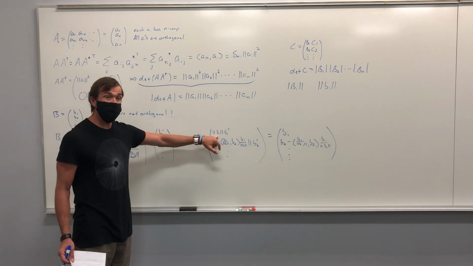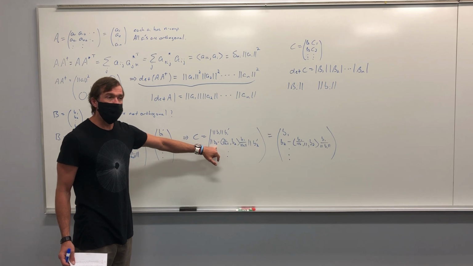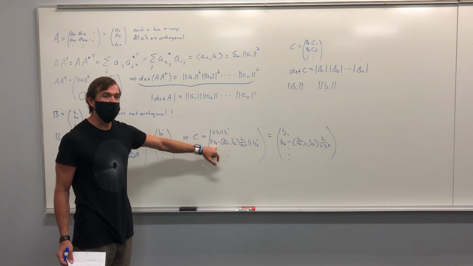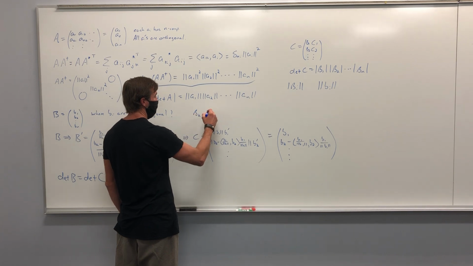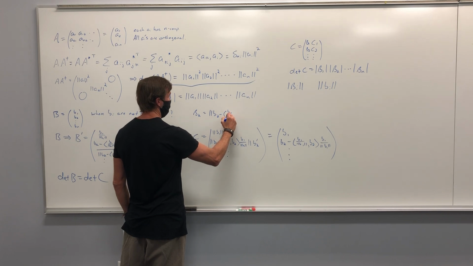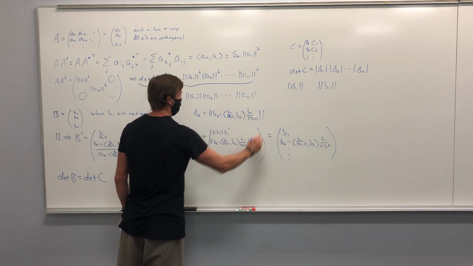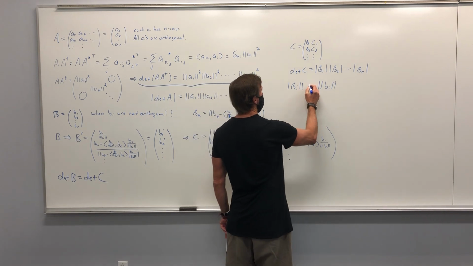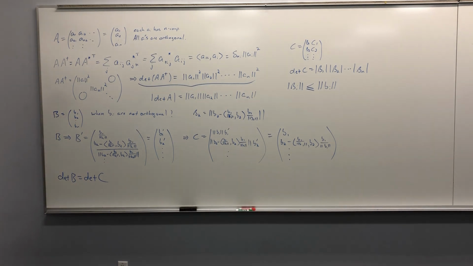Yeah, so beta 1 is equal to B1. Okay, their magnitude is the same. What about B2 and beta 2? Okay, so beta 2 is B2 minus its projection onto B1. It's smaller. Yeah, it's smaller. Okay? So what we find is that the betas are smaller than or equal to the B's. All right?